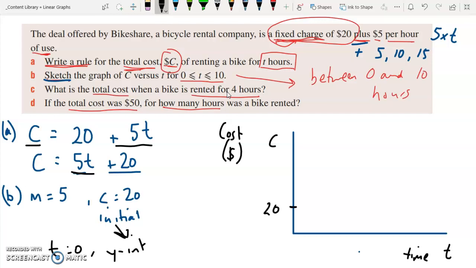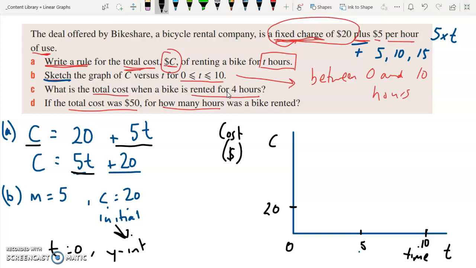Then from there, because we're graphing from 0 to 10, we need to make sure we have enough room to put 10 here. You would use a ruler because it's important to do this accurately. As long as they're roughly the same, 0, 5, 10, we're going to use that information.